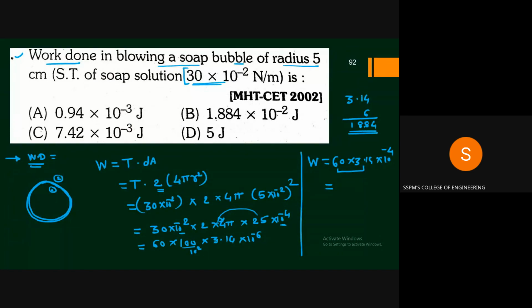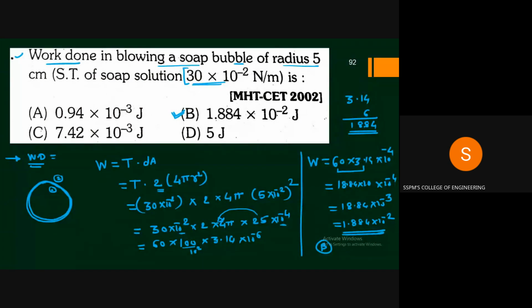So this is 18.84, into 10, as we have just multiplied by 6, into 10 to the power minus 4. So this is 18.84 into 10 to the power minus 3. If I shift this decimal place to the left side, it will be 1.884 into 10 to the power minus 2. So if you see the answer, the correct option is option B.